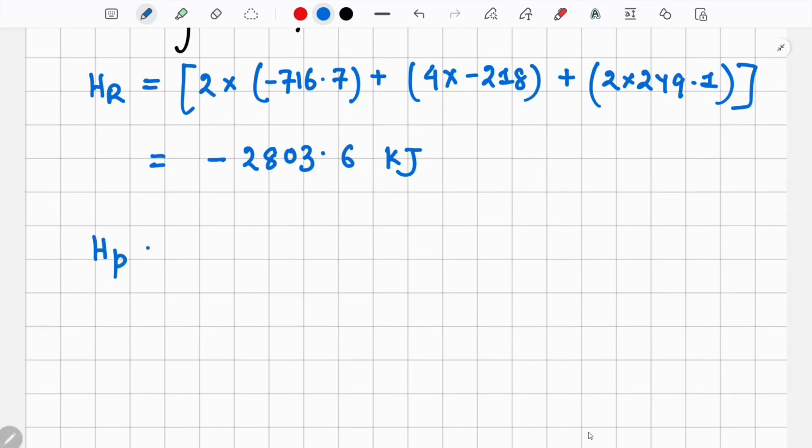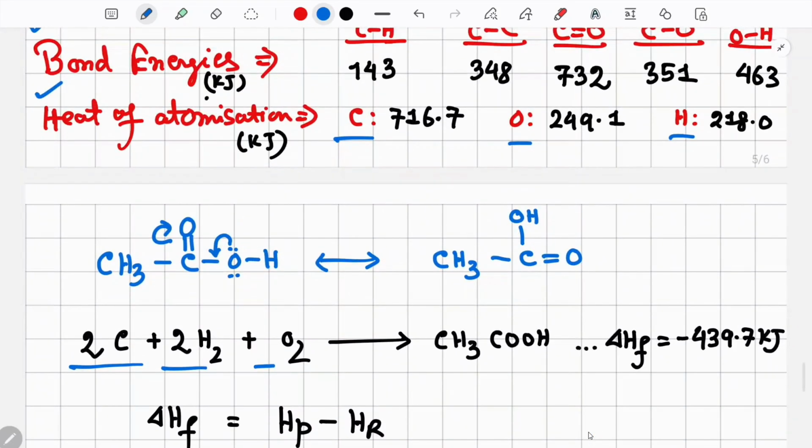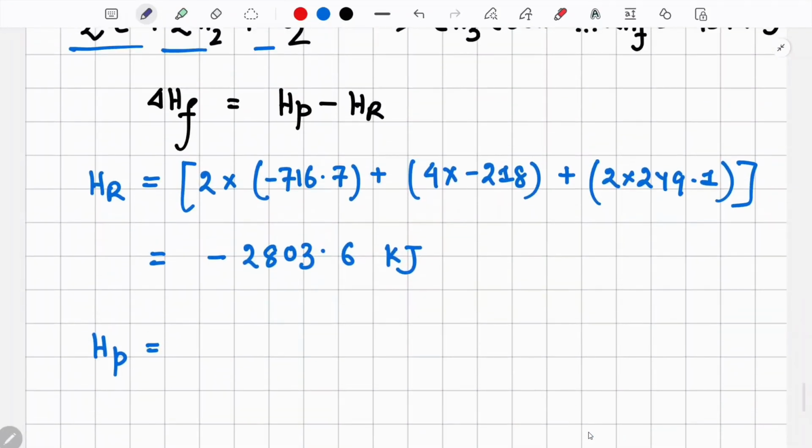And each product, if you calculate, how many bonds are there? Just find it from here. But I am getting 1807.2. No, just do it correctly. It will be around 1500.